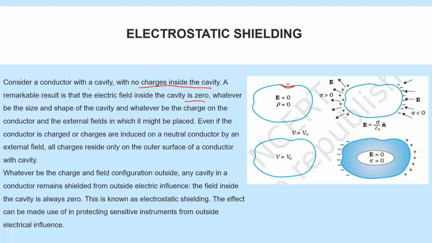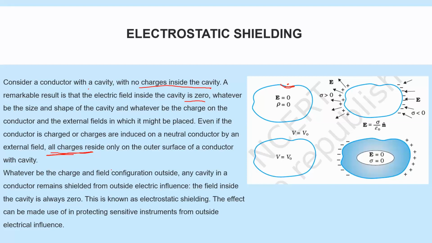Whether the conductor is charged or there is a charge induced on a neutral conductor by an external field, all the charges are only going to be on the outer surface of the conductor with the cavity, but inside the cavity it is going to be zero.